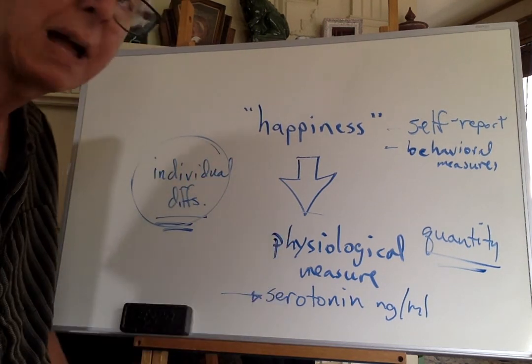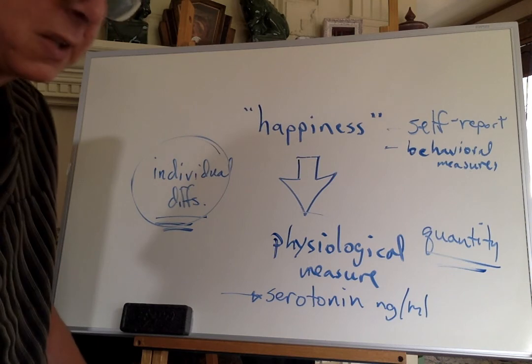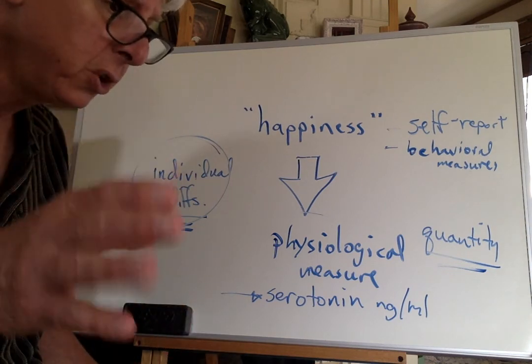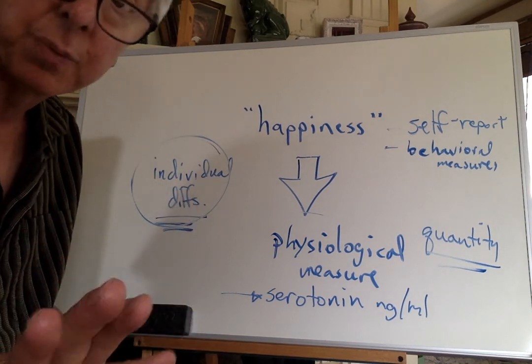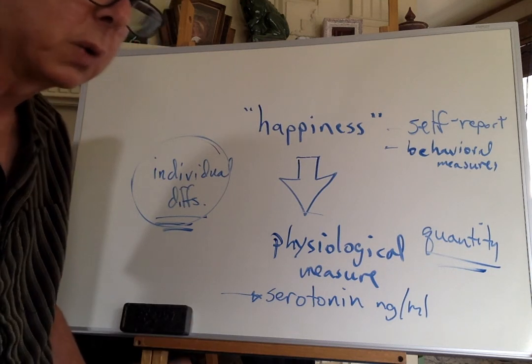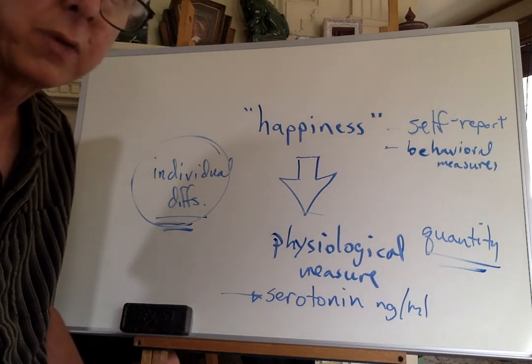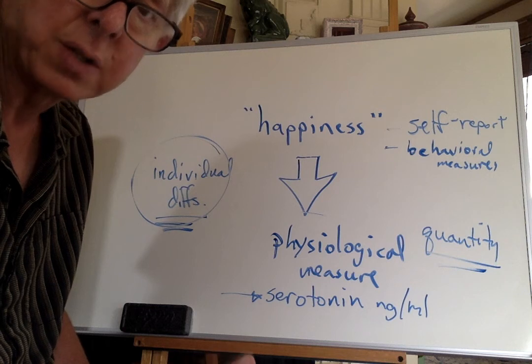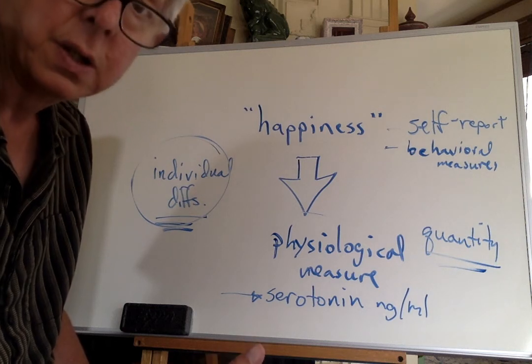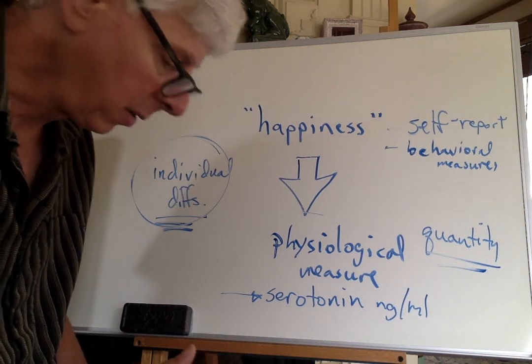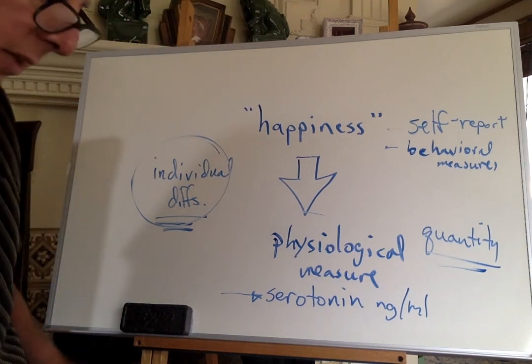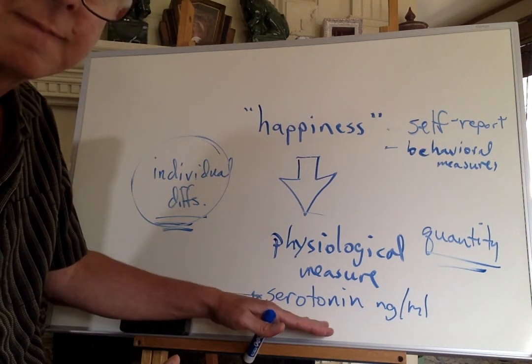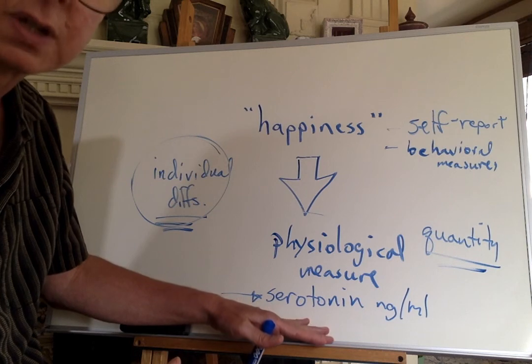Is that really a measure of happiness? Well, listen, if you're a psych major, you should know, even if you're not a psych major, you should probably know this. Prozac is one of the main treatments for depression. When people take Prozac, they get through their depression, and Prozac affects serotonin levels in the blood.